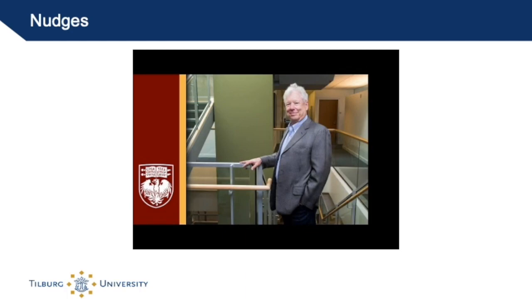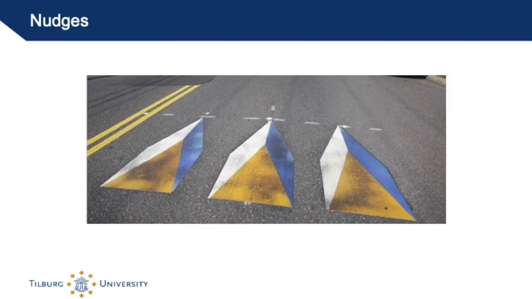Welcome back, and I hope that this other way of explaining helped you understand what the idea of a nudge is. We can take a look at some examples of nudges now so that we get a more in-depth idea of what a nudge is about. So in this video, you remember that Thaler and Sunstein talk about a curve in Chicago's Lakeshore Drive, where there's a visual illusion that nudges people to drive more slowly.